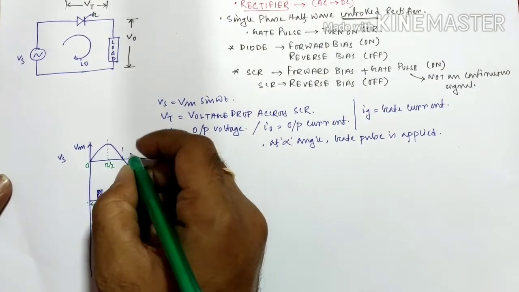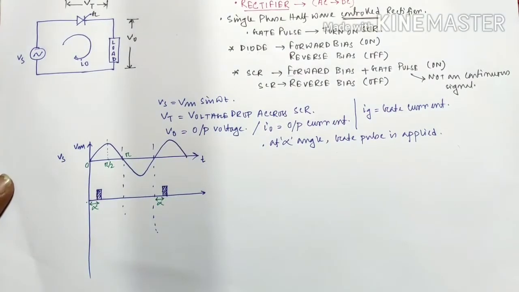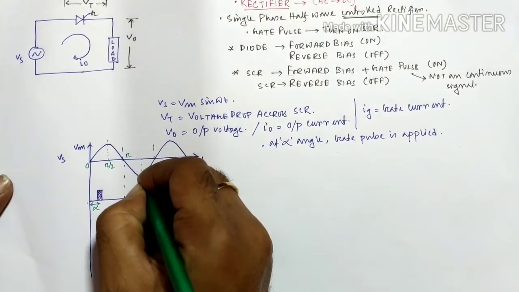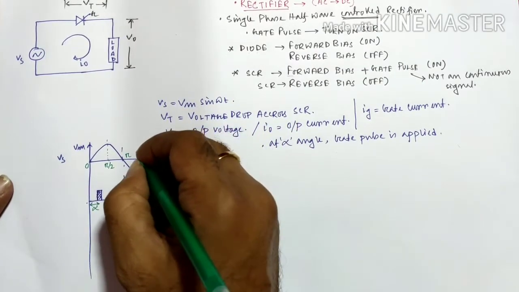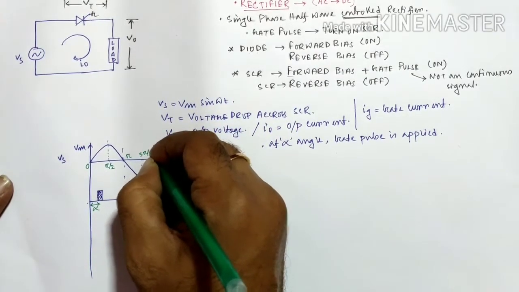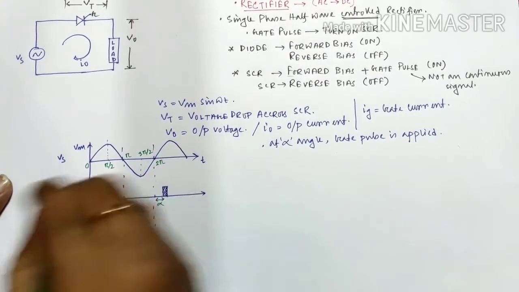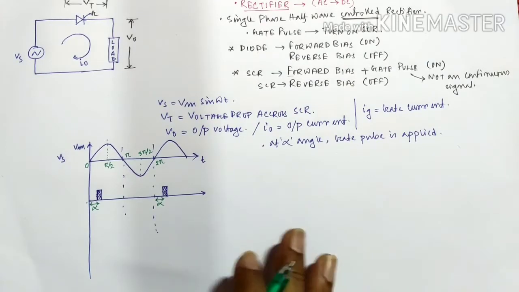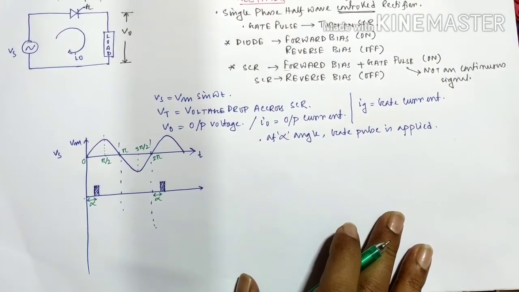This is the point where the angle is pi, that is 180 degree. Here the angle is 3 pi by 2, and here the angle is 2 pi. In this way we got different angles, and at each angle we can find the value of the sine as well.